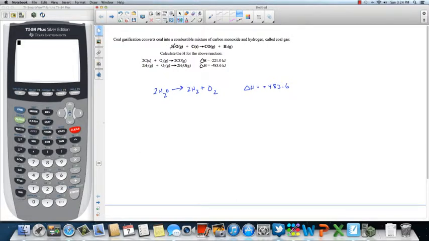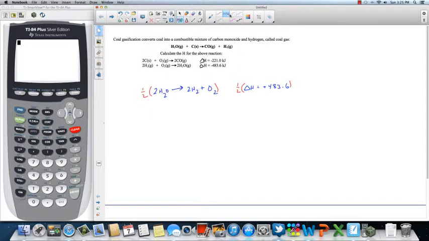We also notice that there's no coefficient in front of this water right here, and that means we only want 1 mole of water. So if we only want 1 mole of water, we want to multiply this entire reaction by 1/2. And if we multiply the reaction by 1/2, we also multiply the enthalpy for reaction by 1/2.